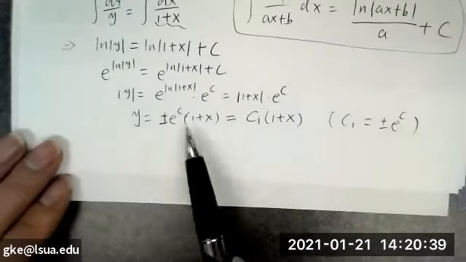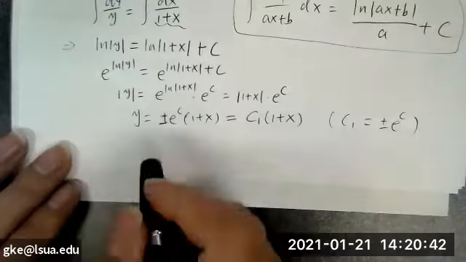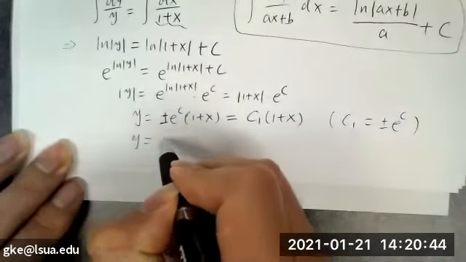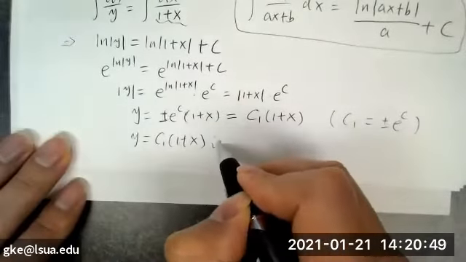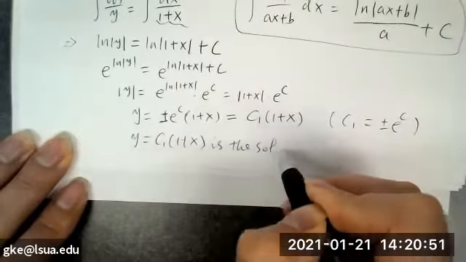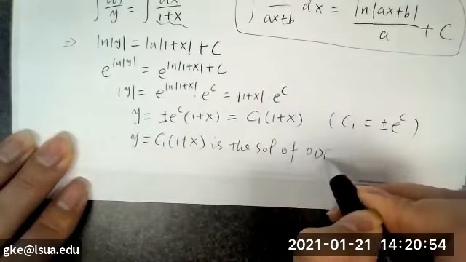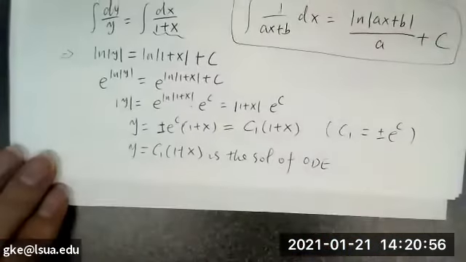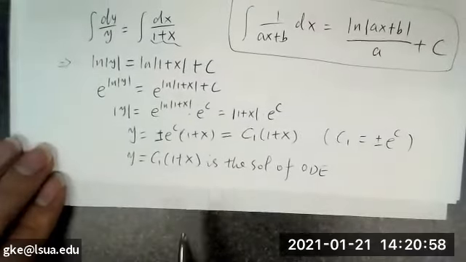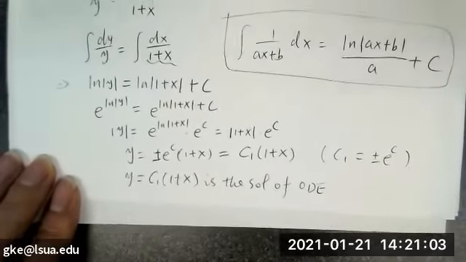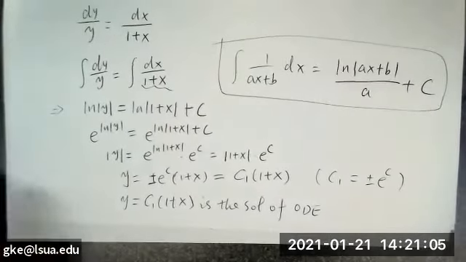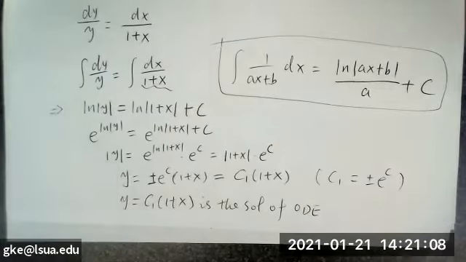Okay, so y equals C1 times (1 plus x) is the solution of the ODE. Okay, ODE. That's it. Now I'm gonna give you guys another example. Okay, another example.